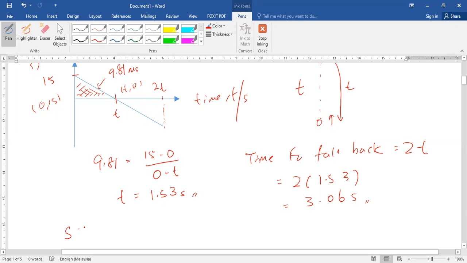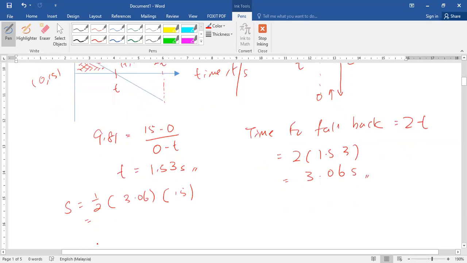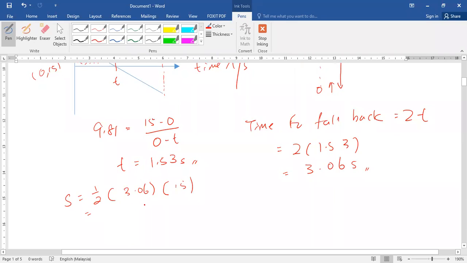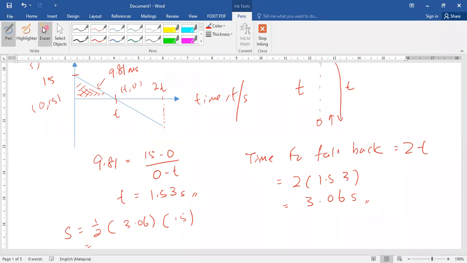The displacement will be equal to 1/2 times the base 1.53 times the height 15. So here we get that it will be 11.5 meters.